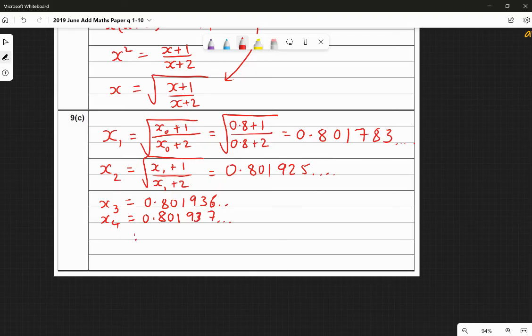In fact, if I keep going, soon you won't be able to distinguish between numbers. Instead of typing the next number fully out, you type in answer plus 1 over answer plus 2 all square rooted, and press equals, and it'll substitute in that previous value as the next value. And eventually you start seeing that it becomes 0.8019377358.